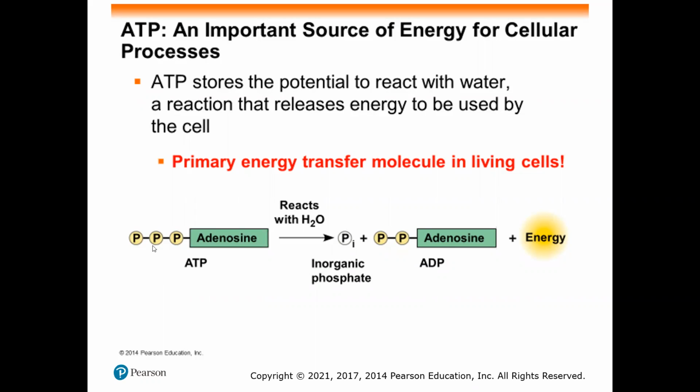When the three phosphate groups are present in a series as ATP, adenosine triphosphate, one phosphate may be split off as a result of reaction with water. Having lost one phosphate, ATP becomes ADP, adenosine diphosphate. So ATP stores the potential energy that is released when it reacts with water.